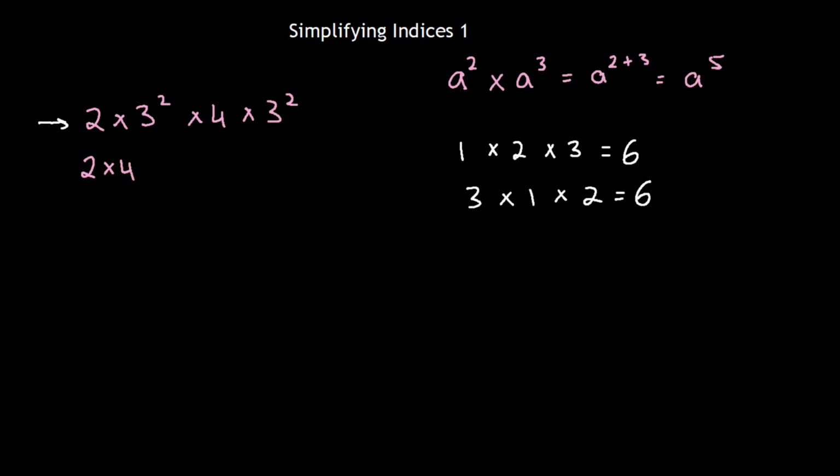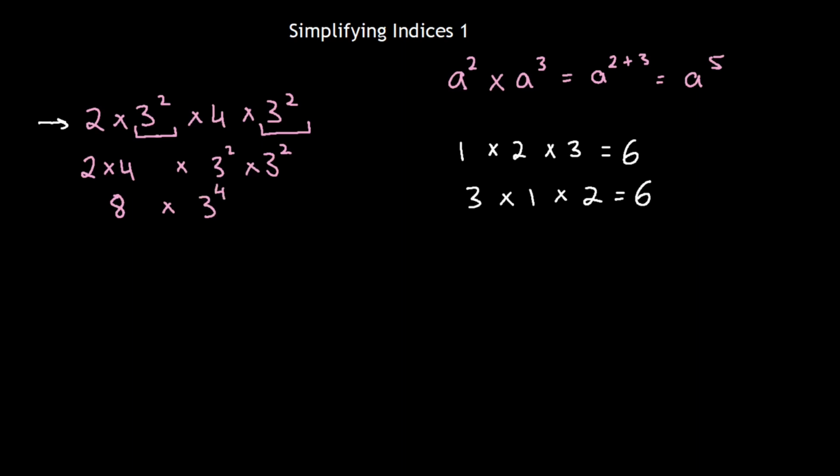And then I'm going to be multiplying it by the indices, the base and the index. So times 3 squared times 3 squared. And as you can see, 2 times 4 is 8 times, now we can use the addition rule here. We can add the powers, so that will be 3, 2 plus 2 is 4, and that's the answer.